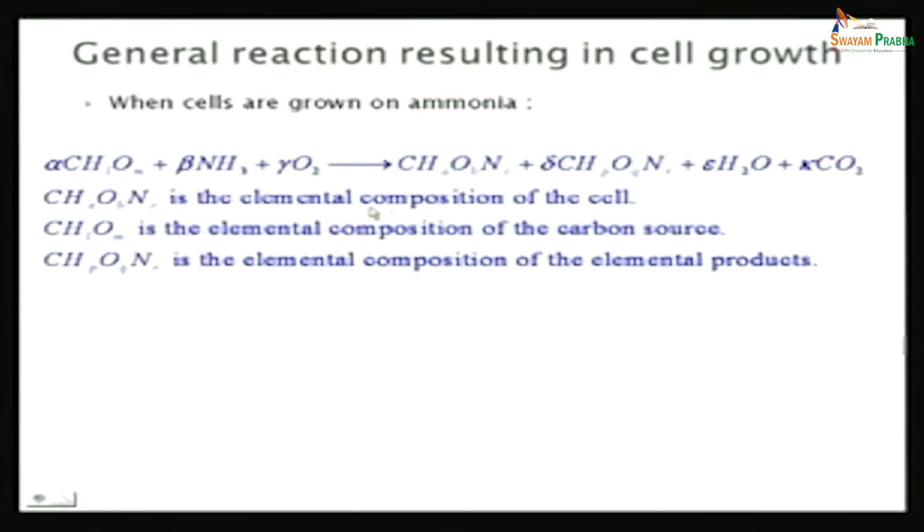So then what happens is that this carbon source changes itself, and you get from that carbon source some other form, because a part of it is being utilized. This is the elemental composition of the cell, CHAOBNC.